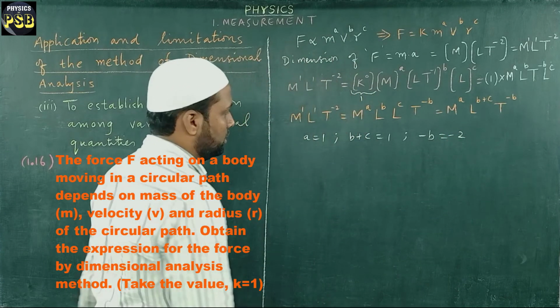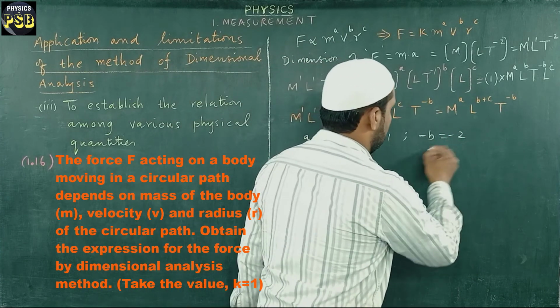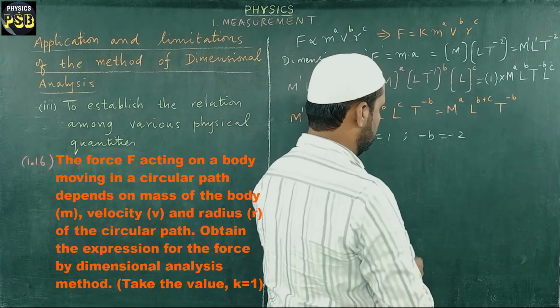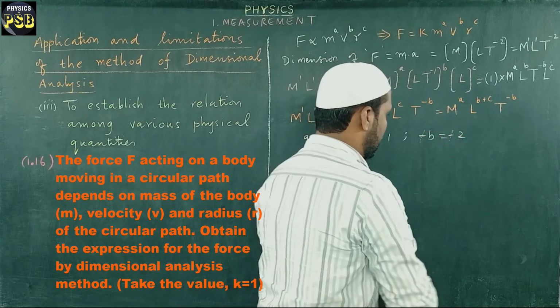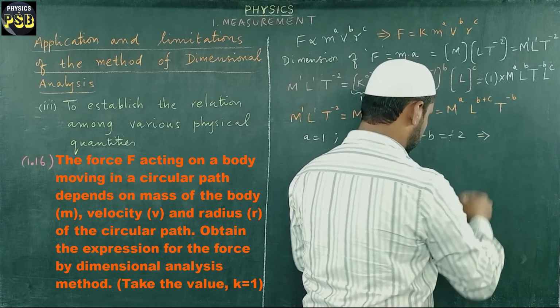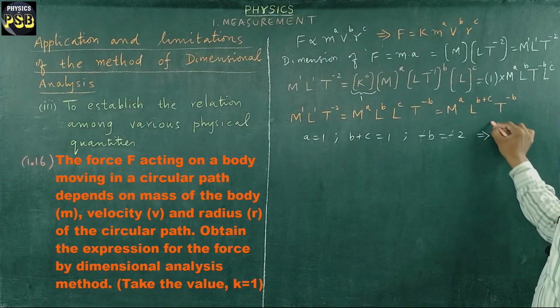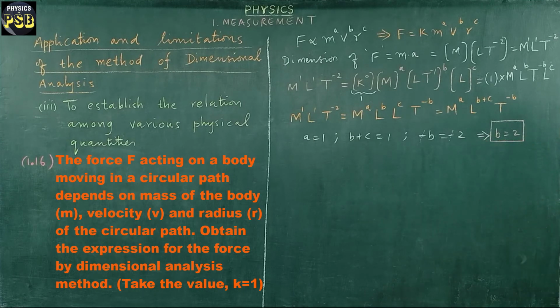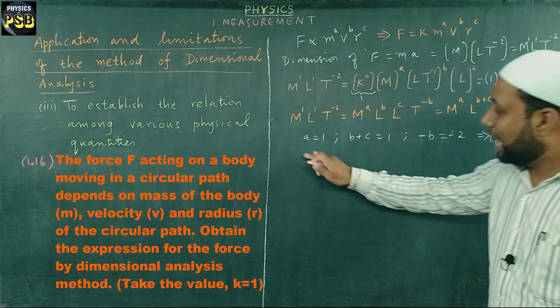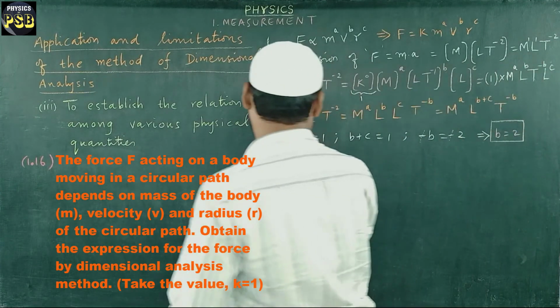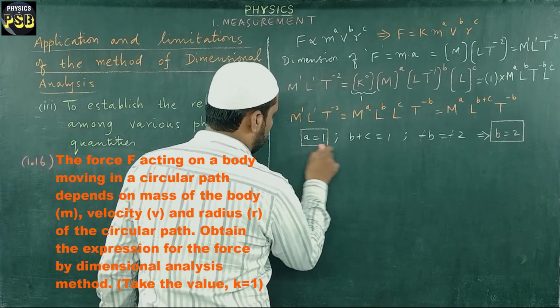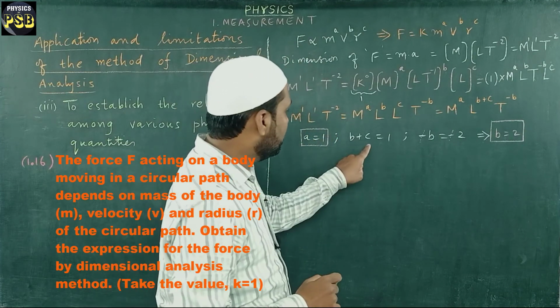So then, this minus and this minus will cancel, and what we obtain is b equals 2. I box this, got the value of b. I box these two. I must know what is the value of c.